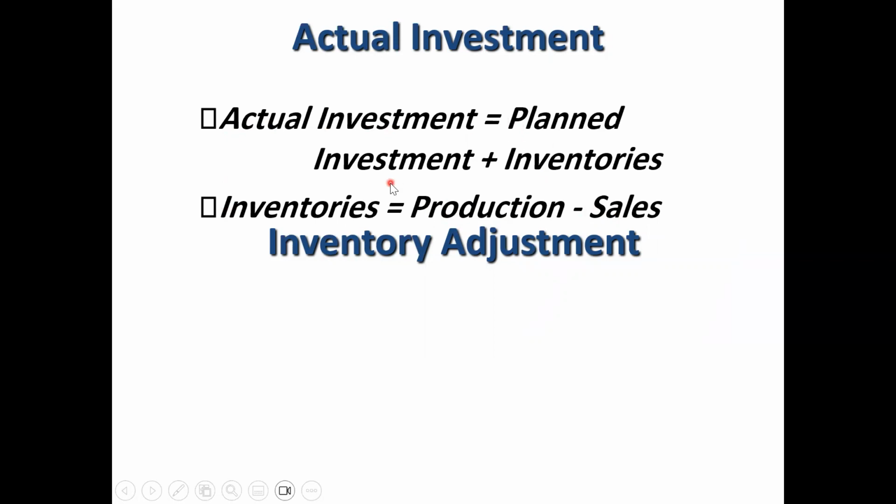But if production is larger than sales, we have inventories, which means actual investment is larger than planned investment. If more goods are demanded than produced, we have a shortage in inventories.